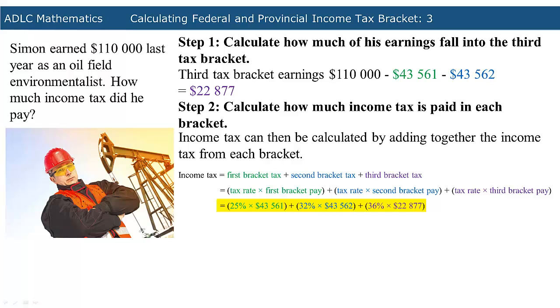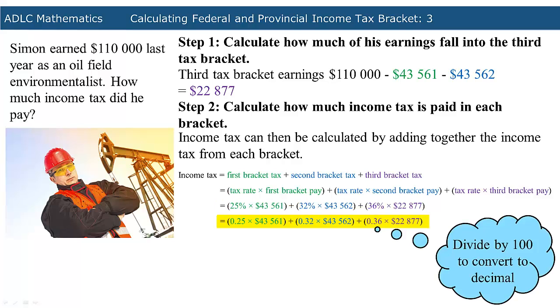To calculate first bracket tax, multiply 25% by $43,561. To calculate second bracket tax, multiply 32% by $43,562. To calculate third bracket tax, multiply 36% by $22,877.